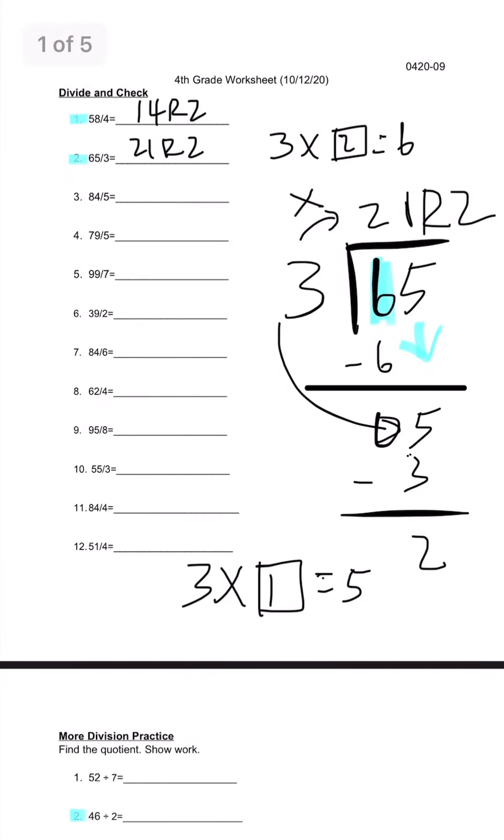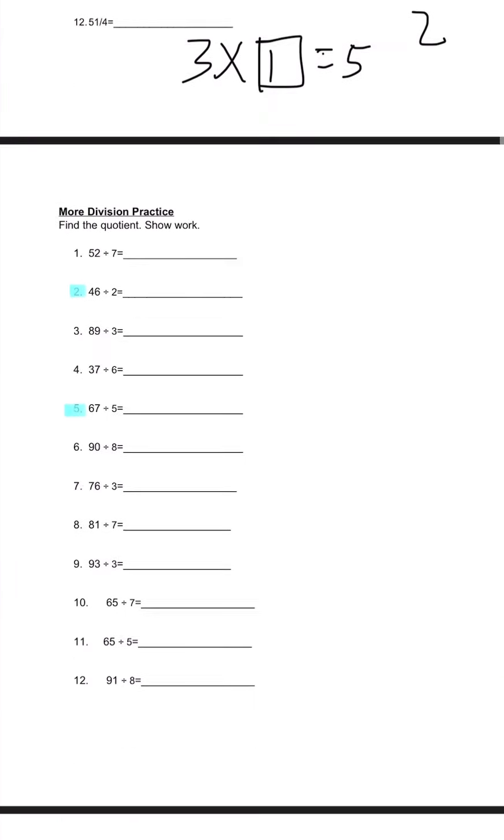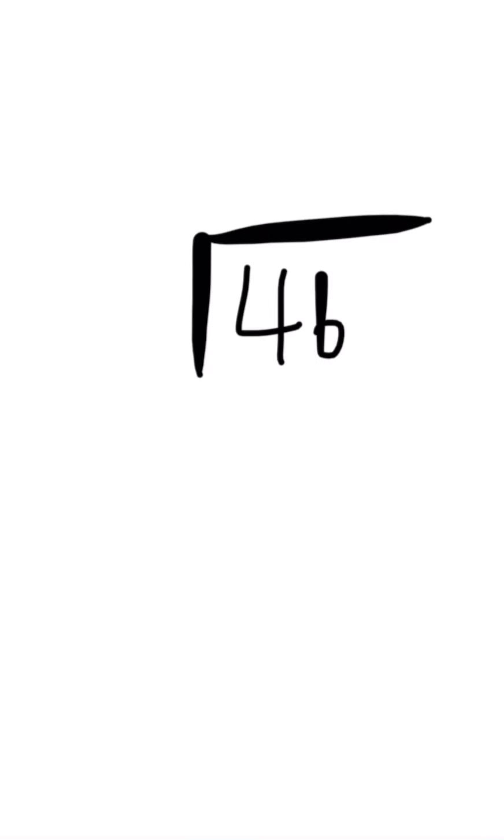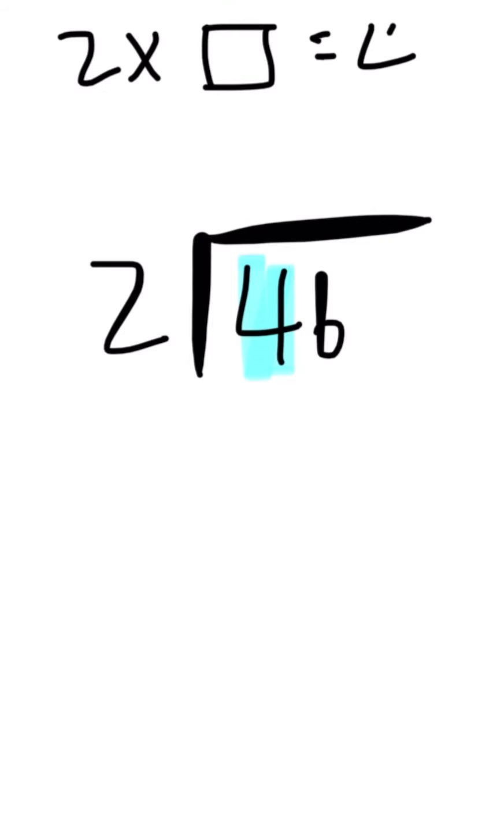Okay, let's go ahead and move on to the next page, which is just more division practice. So we'll do number 2, which is 46 divided by 2. You'll look at the first digit, and you'll ask yourself, how many times does 2 go into 4? Again, 2 goes into 4 perfectly twice. So you'll write 2 and subtract 4.